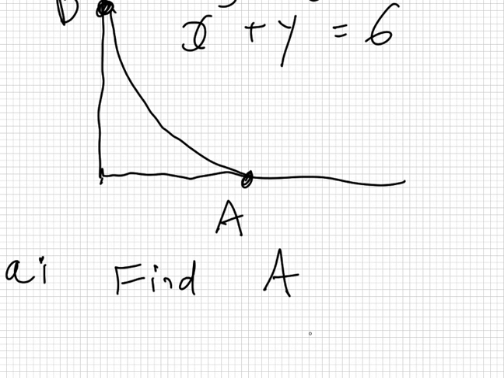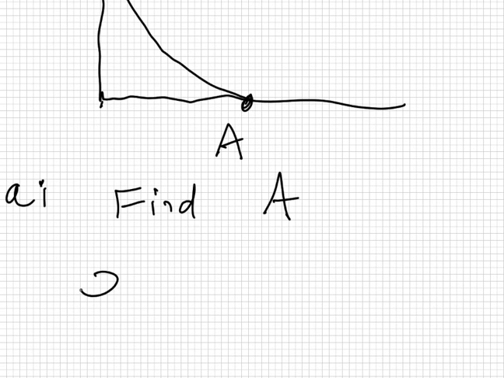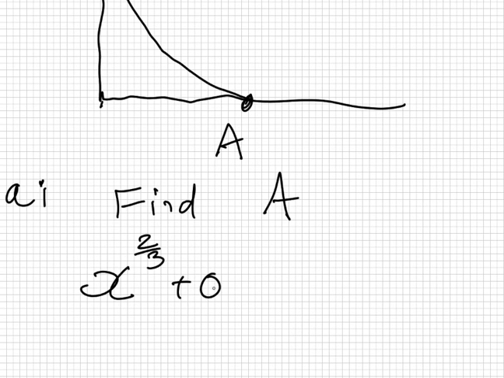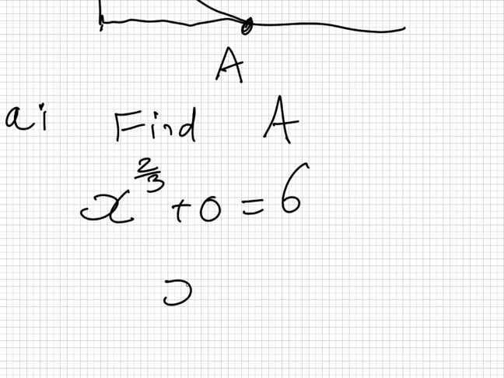A is where it crosses the x-axis. So how do I find that? Y equals 0. If I put y equals 0, I get x to the power 2 over 3 plus 0 equals 6, so x to the power 2 over 3 equals 6.